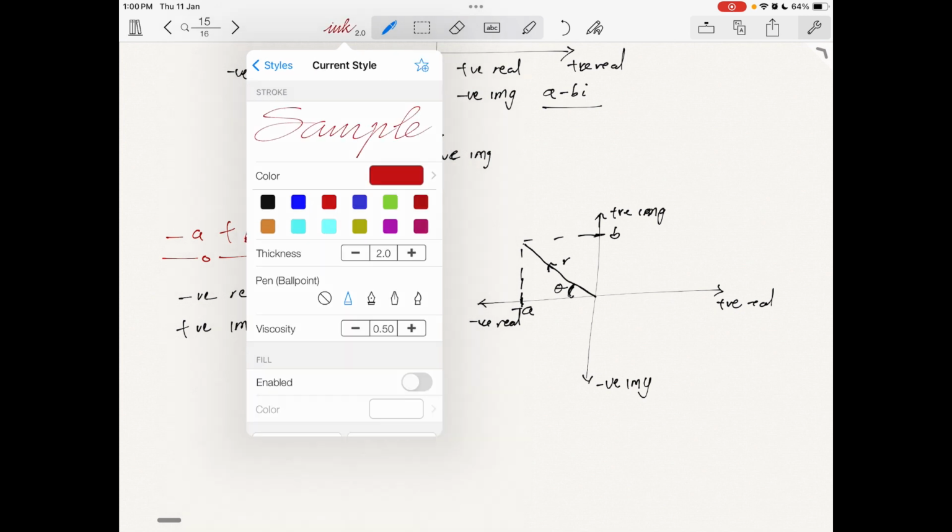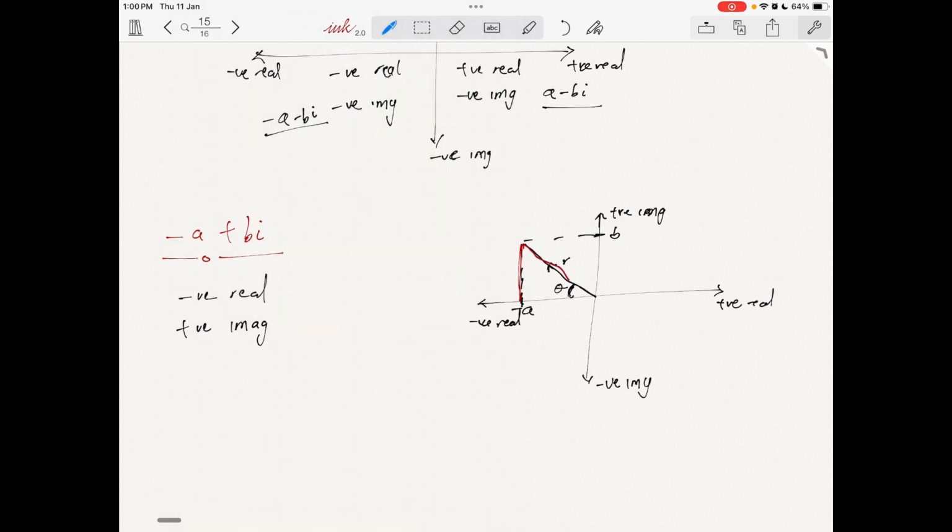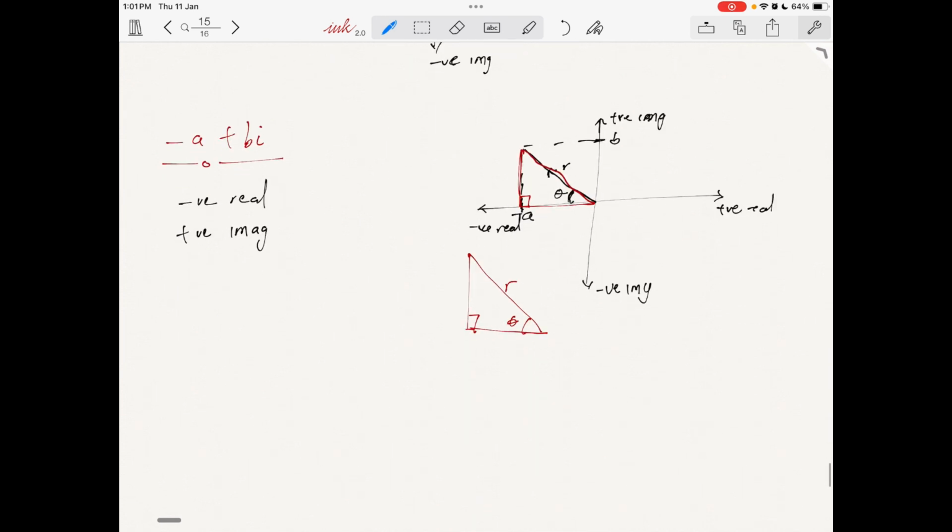So the next thing to do is to bring out the triangle. You can repeat it down here, and angle theta, and this is our r. As usual, we know that the distance between here and here is b, and the distance between here and here is a. So in essence, this is b and this is a.